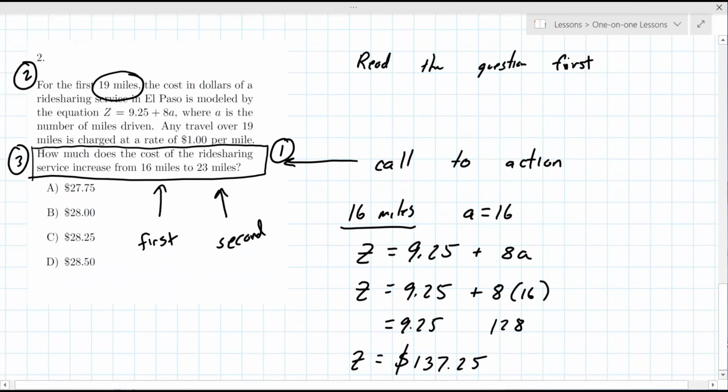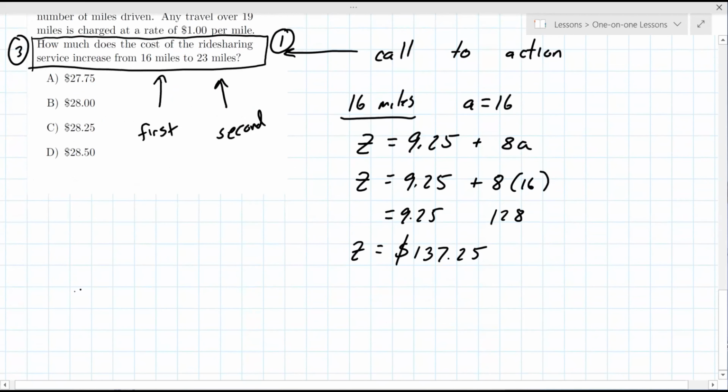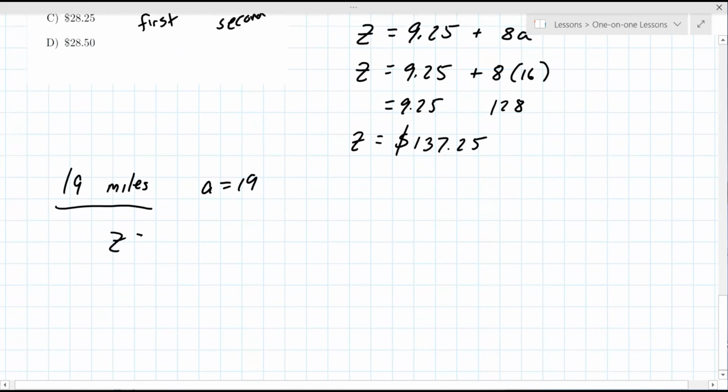That's actually a simpler way than the solution manual. So the 19 miles means that a equals 19. You're welcome to use a calculator if you want here, just to speed up the process, but tell me how much it costs for the first 19 miles, and then we'll add this for the 23 miles.